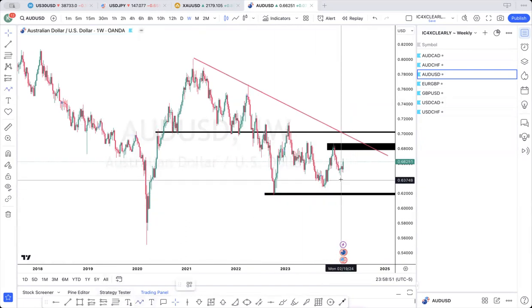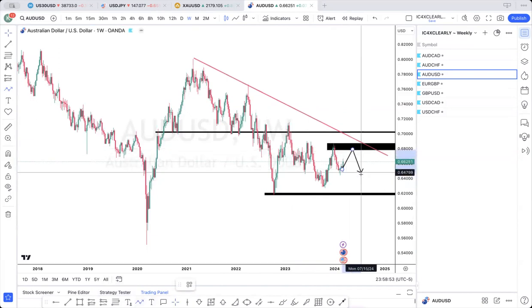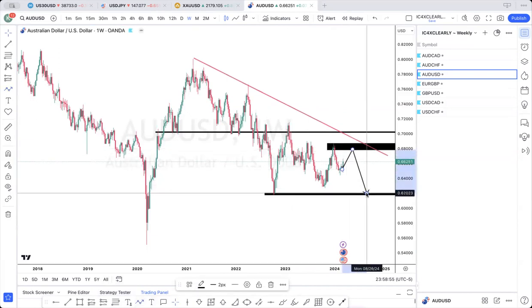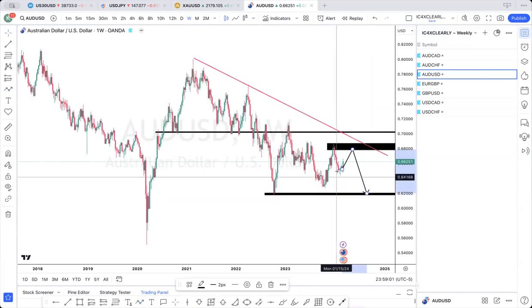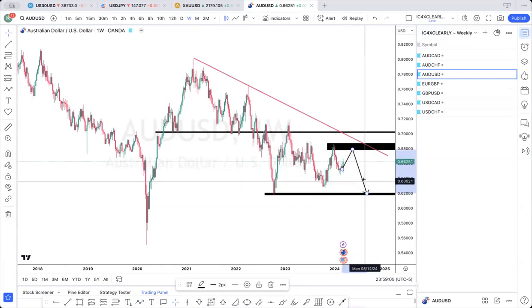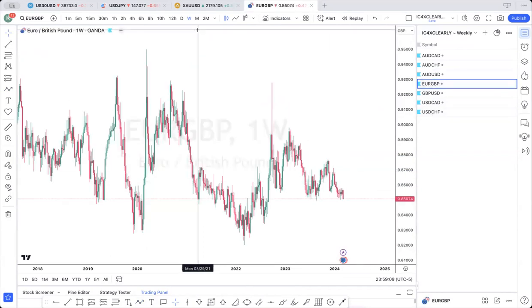So that is my guess for a few weeks, and maybe even break through. But I would take it to this zone if price starts to sell back down to this zone. That's AUD USD.